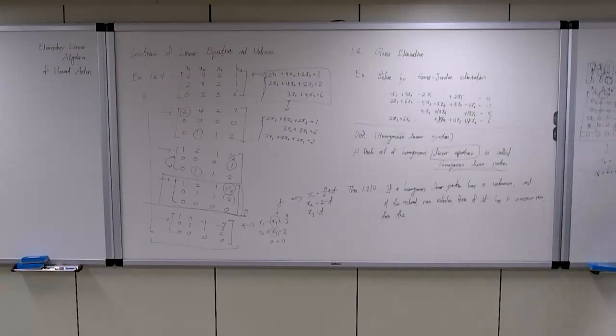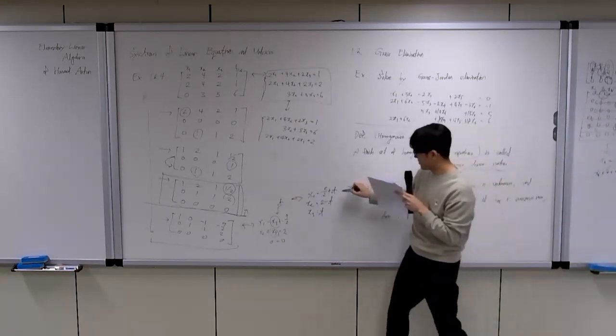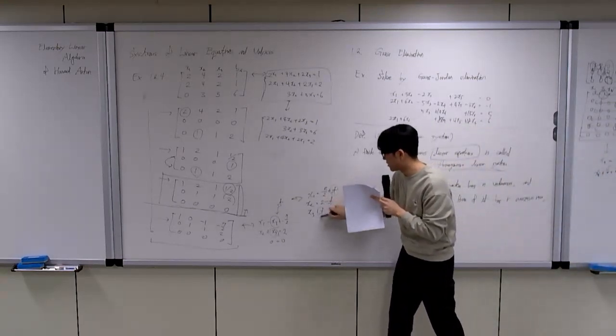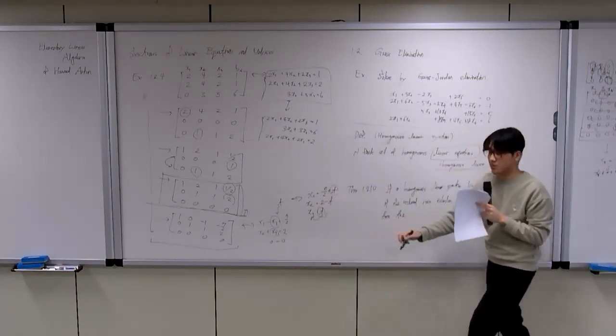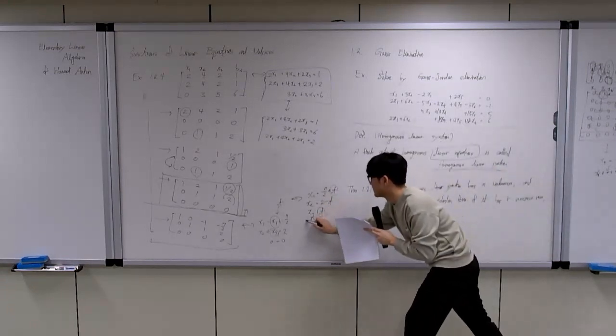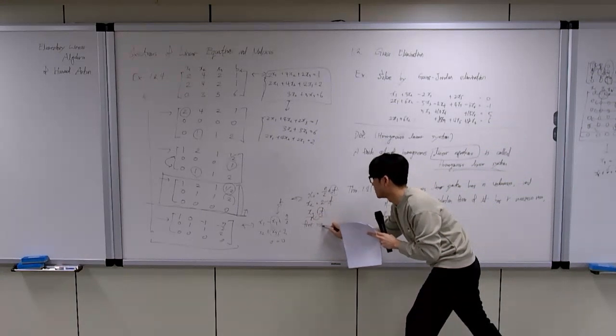We will call it the number of parameters. Using parameter unknowns, we say this term is a free variable.